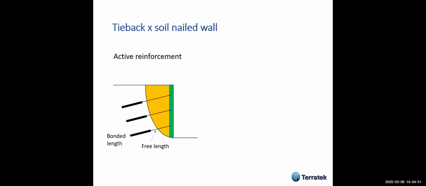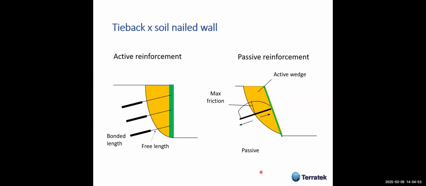On the other hand, in the soil nailing technique, we use passive reinforcement in which the nails, which are very similar to the tiebacks or the ground anchors, are not pre-stressed.